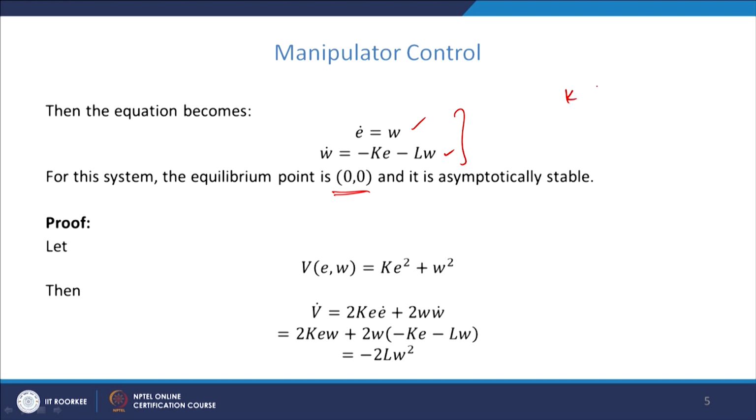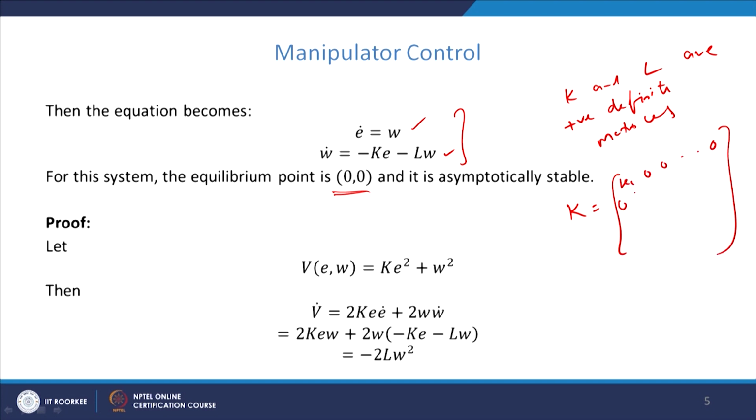Here K and L are positive definite matrices. So, for example, we can take K to be K1 0 0 and 0 K2 0 0 etc. An N cross N diagonal matrix where all the diagonal entries are positive numbers, Ki strictly greater than 0, is a positive definite matrix.